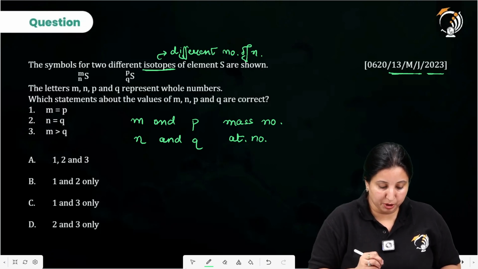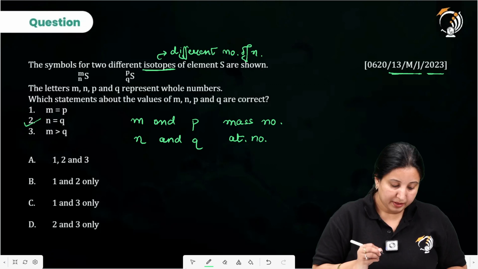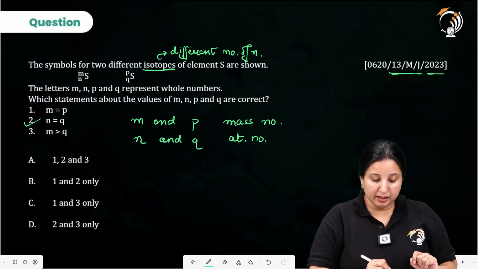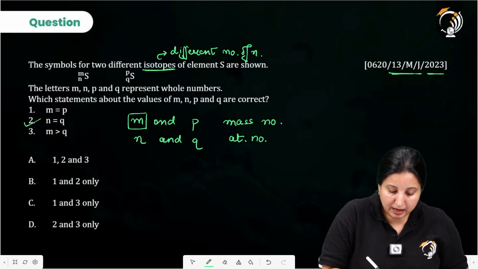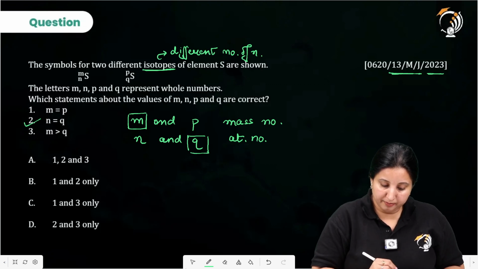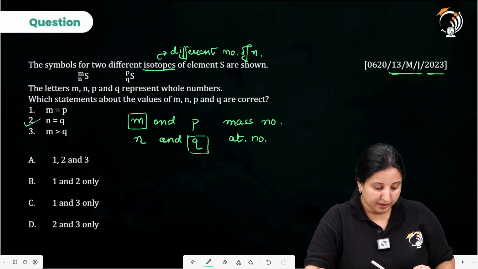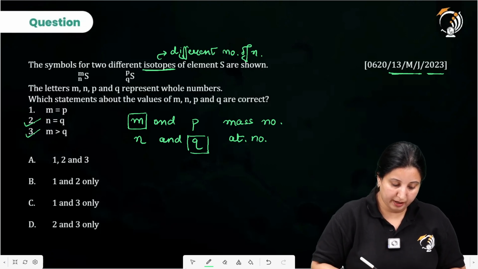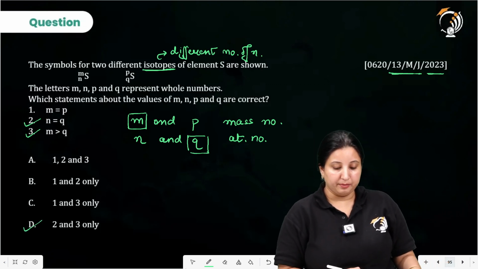N is equal to Q. Yes, it is going to be equal. M is greater than Q. Now look, M is the mass number and Q is the atomic number. So this is also the correct statement, because mass number is always greater than the atomic number. So basically the second and third options are correct over here.